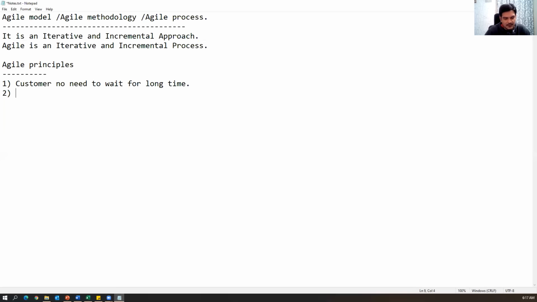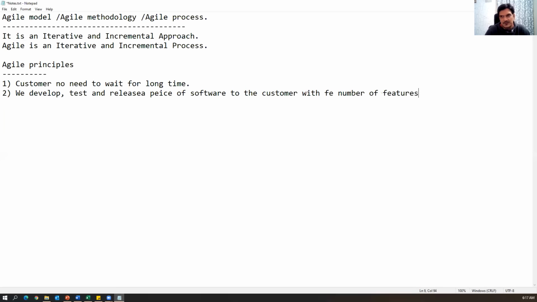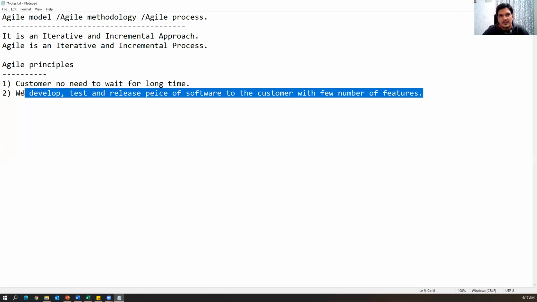And the second thing is we develop, test and release a piece of software to the customer with a few number of features. So the customer no need to wait for a long time. We develop, test and release a piece of software which contains some few number of features. Okay, this is another principle.